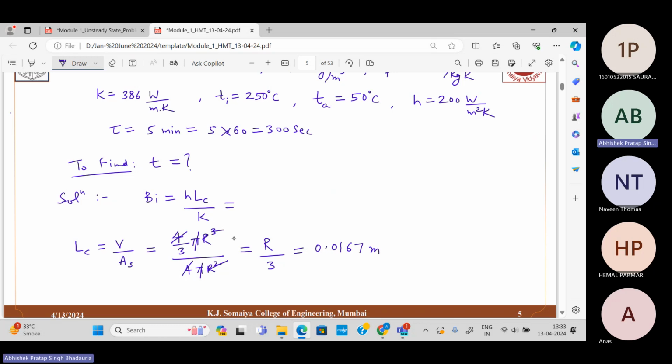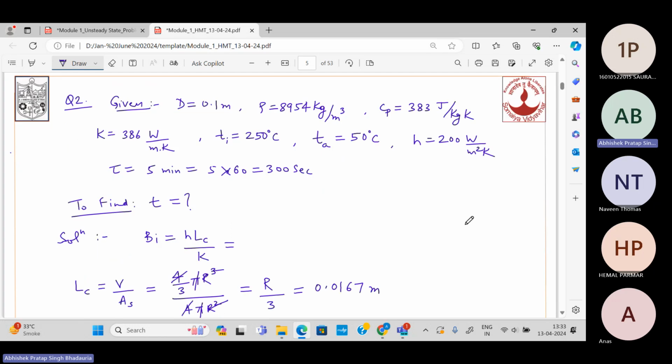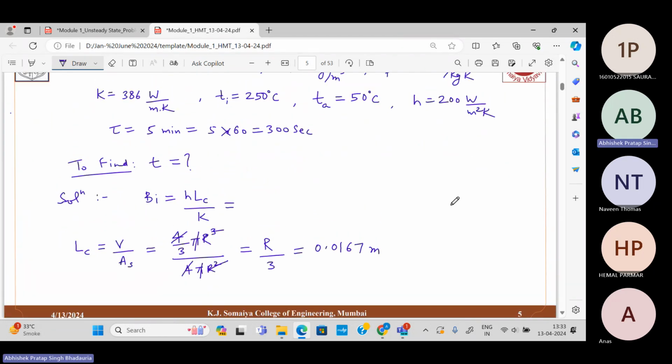So h Lc by k: the value of h is 200 watt per meter square Kelvin, and thermal conductivity is 386. So 200 into the calculated value of Lc, 0.0167, divided by thermal conductivity 386.